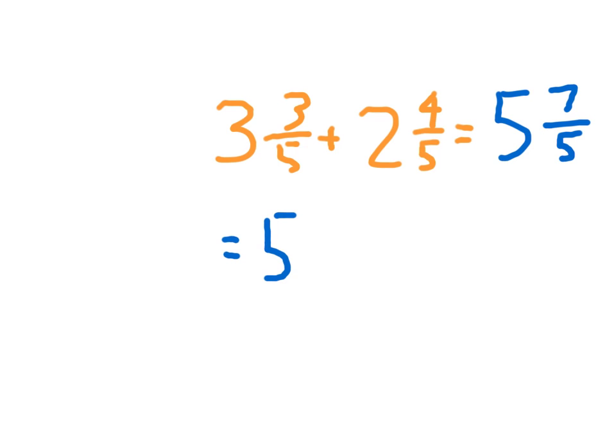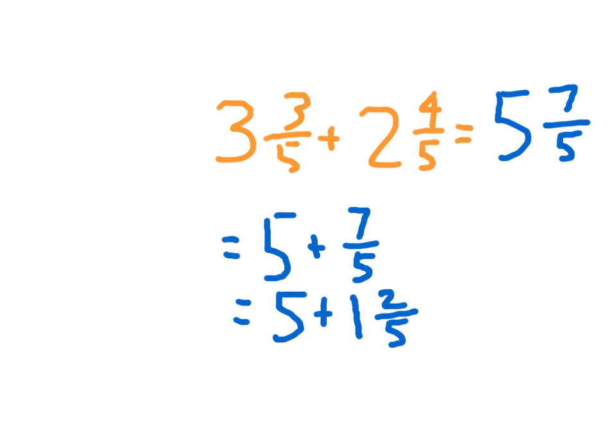I think that you would agree with me that 5 7/5 could be rewritten as 5 plus 7/5. We put 7/5 into a mixed number. 7 divided by 5, that's 1 whole with 2/5 remaining. So 5 7/5 is equal to 6 2/5.